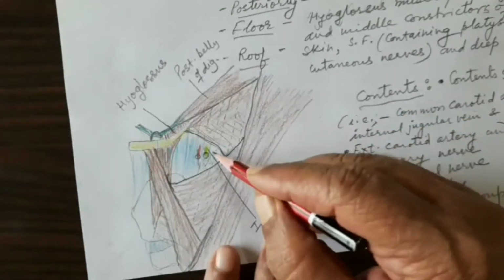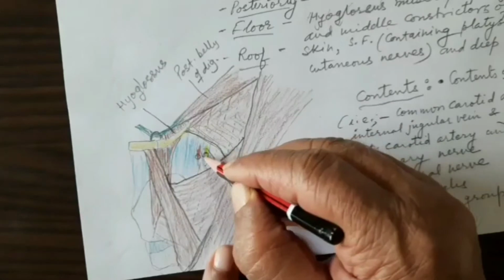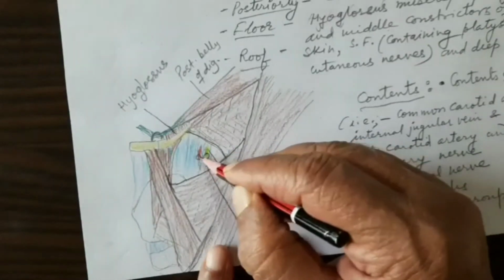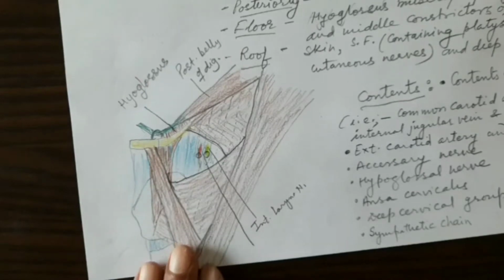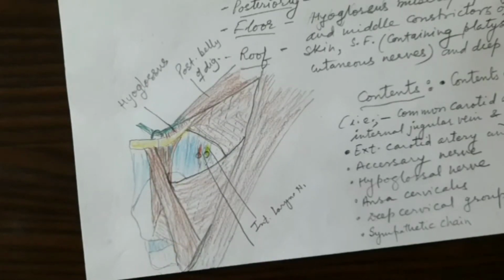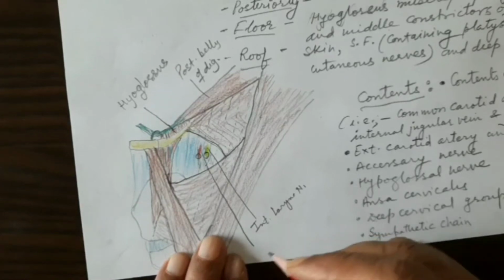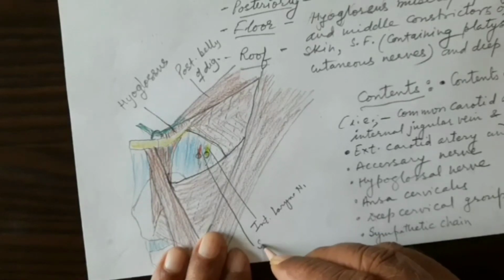And this vessel going into this opening in the thyroid membrane we will call the superior laryngeal vessel, because the vein will also go.